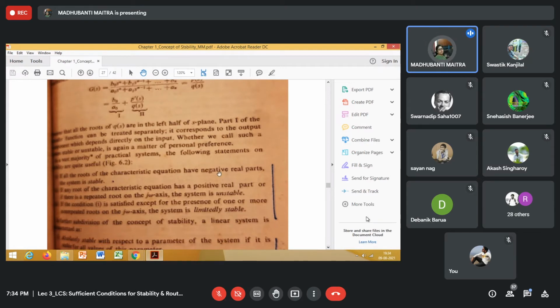Only this portion here summarizes our conclusion regarding the stability of the system. I guess this part is legible. Can you read this part? Is it legible? Yes, ma'am.